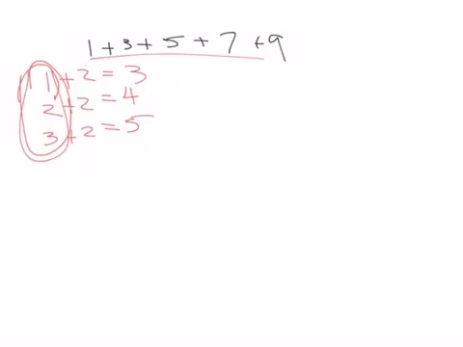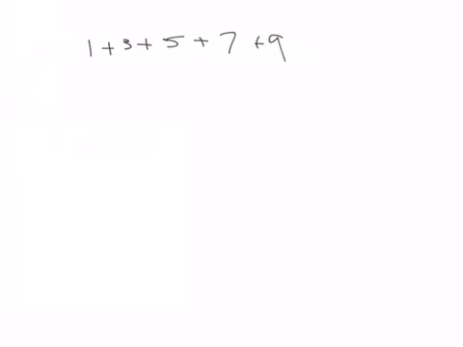So what I need to do is figure something else out, and this is where it gets a little hard. So let me just give it to you: 2i minus 1.